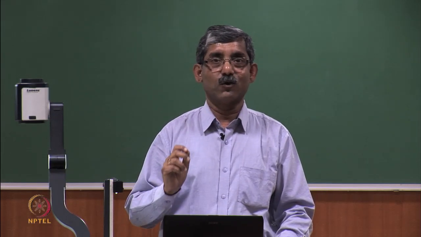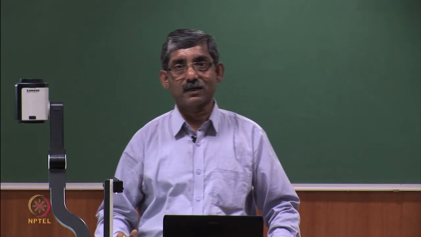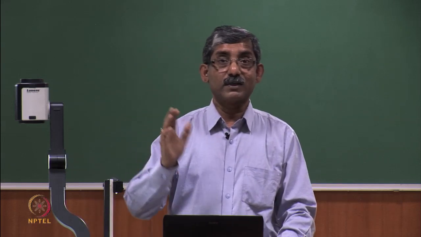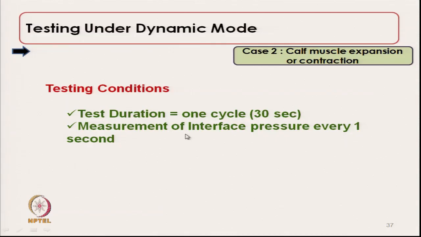This result will show how calf muscle expansion and contraction affect the pressure drop characteristics. The test duration here is 30 seconds, and the calf muscle expansion and contraction is simulated using one piston, where air is being pumped and taken away.